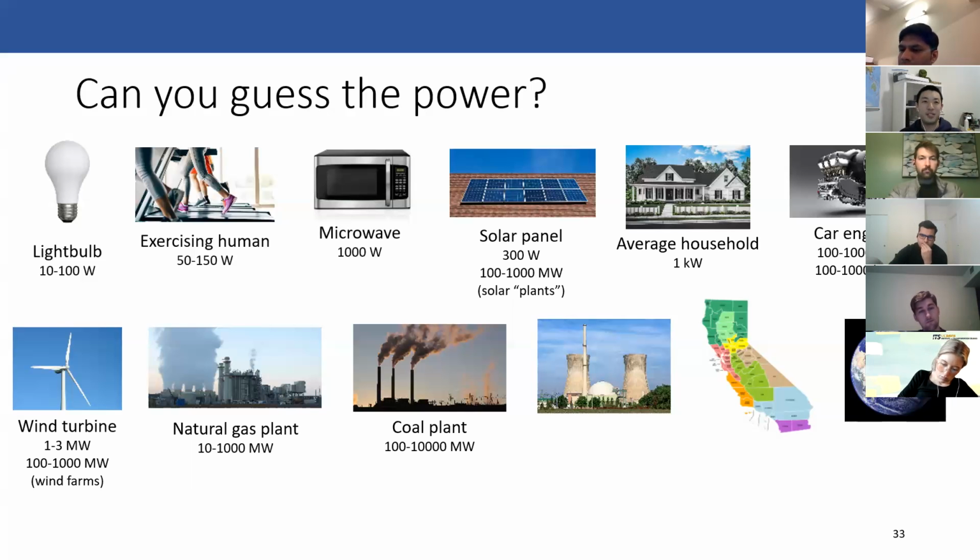I think it's been retired since I graduated. But that power plant, I believe, was a 7 gigawatt coal system, which is quite astronomically large. But most coal plants are going to be in the gigawatt power range.